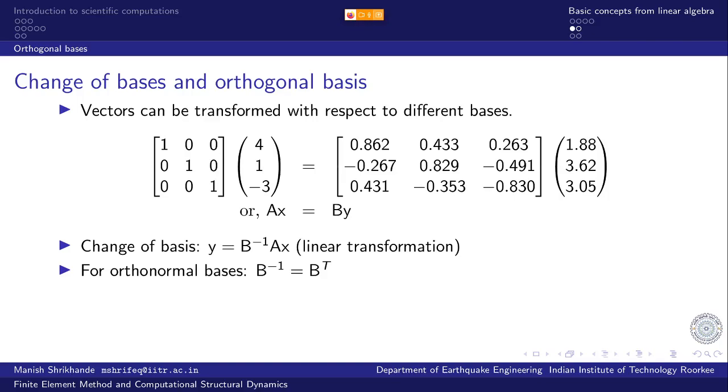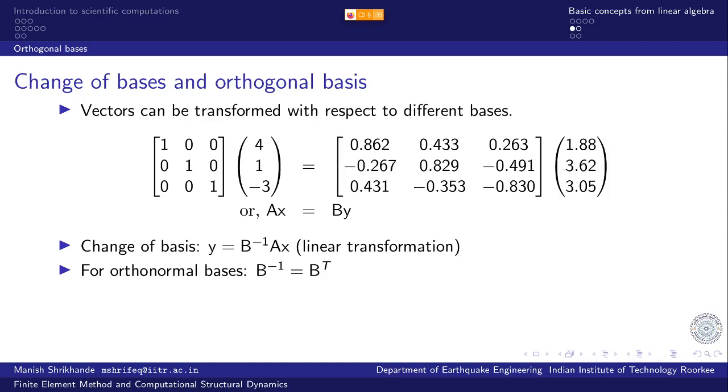So inversion is always to be avoided, and the whole idea, the beauty of the choice of orthonormal basis, is that the inverse of the matrix is the same as its transpose. So by one stroke, you have actually avoided the problem of computing the inverse entirely.